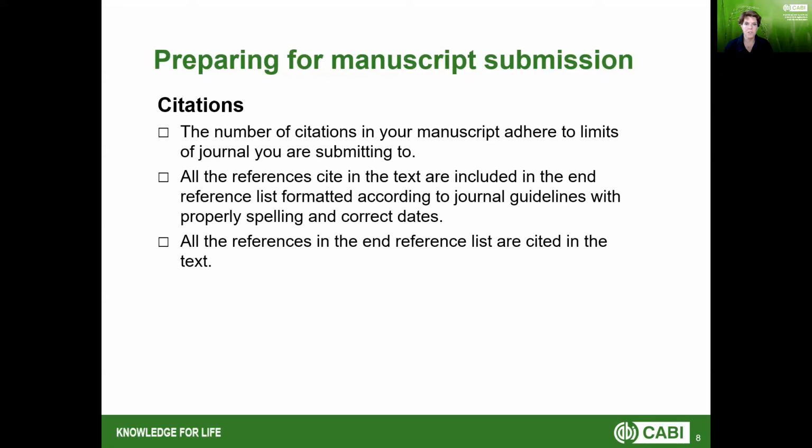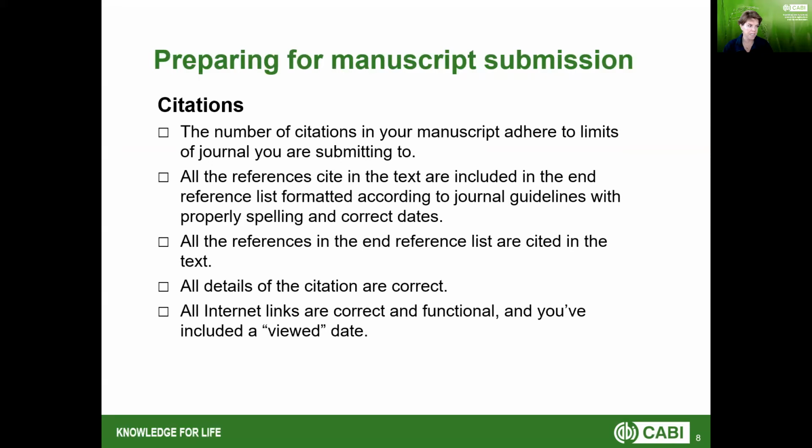Some authors sometimes forget to take out from the reference list citations that they may have had in the manuscript in an earlier version. So just make sure there's a one-to-one correlation. Everything in the text is in the reference list, and everything in the reference list is in the text. Make sure that all the details in every citation are correct.